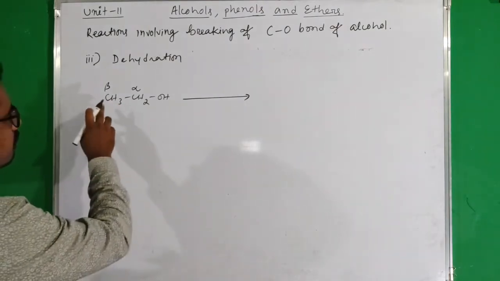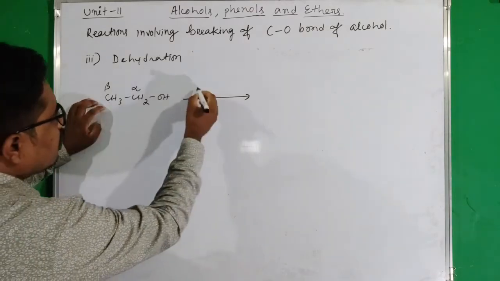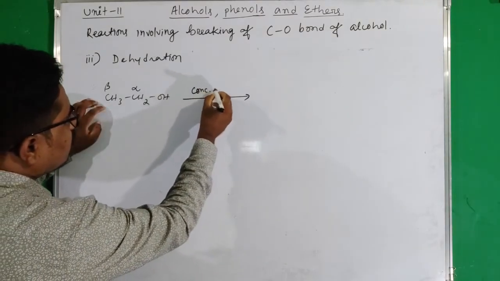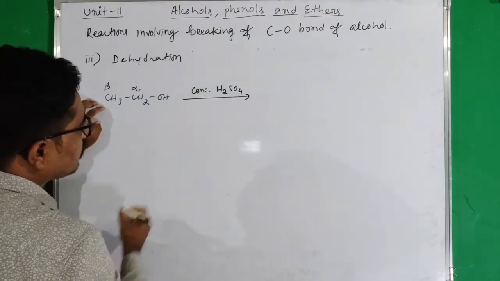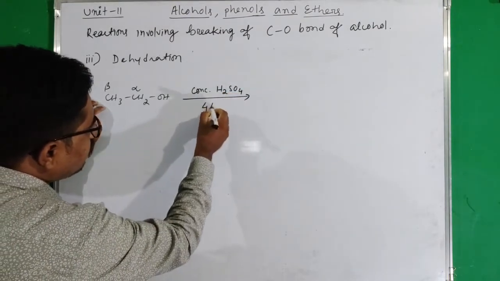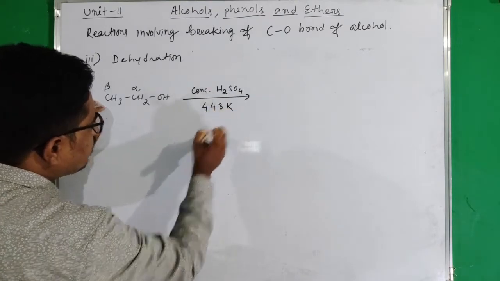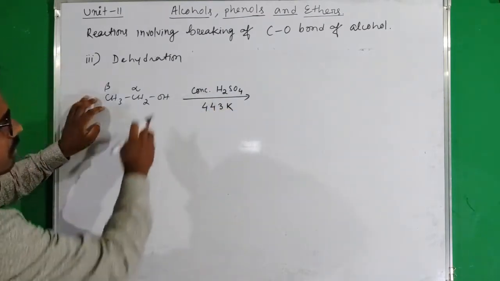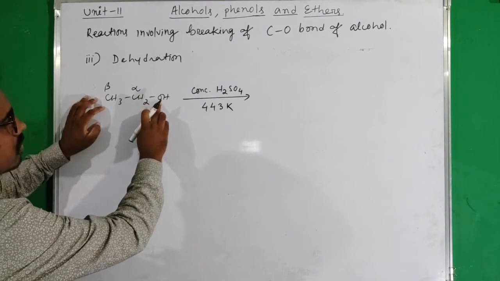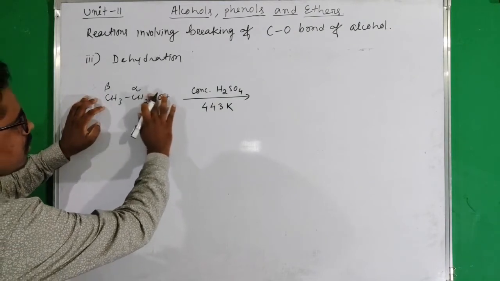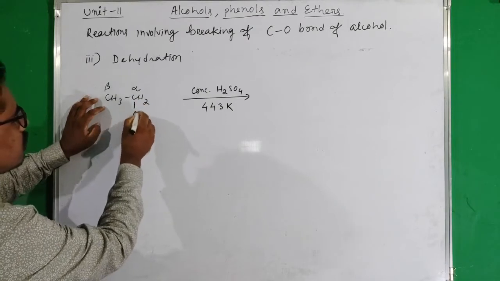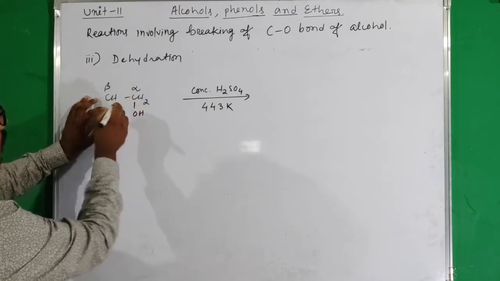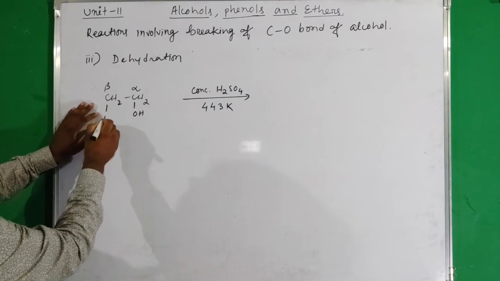So alcohols having beta hydrogen, when heated with concentrated H2SO4 at 443 Kelvin temperature, lose the OH group from the alpha position. We are writing the OH group here, and one hydrogen here.